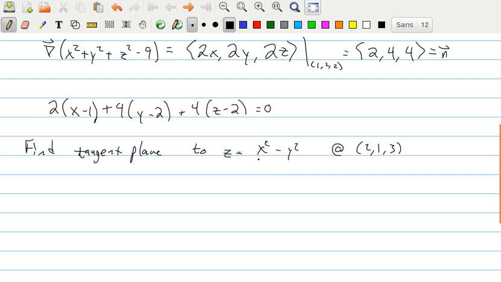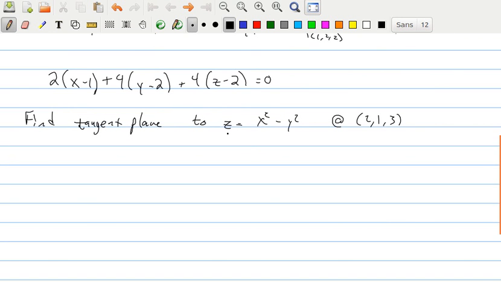Well, first it looks like this z is a function of x and y. We're not taking the gradient of the right hand side. We want to rewrite this so it looks like the level set of a function of 3 variables, not 2 variables. So we always want to rearrange this so we have a 0 on one side. So we move the z over, and this looks like x squared minus y squared minus z equals 0, and now we go through the usual: take the gradient, plug in the point, and so on.